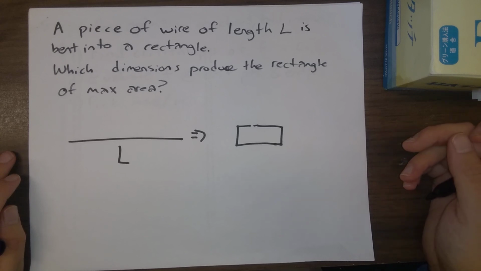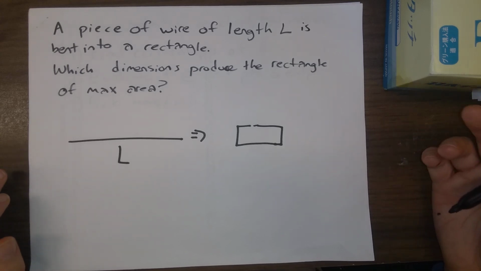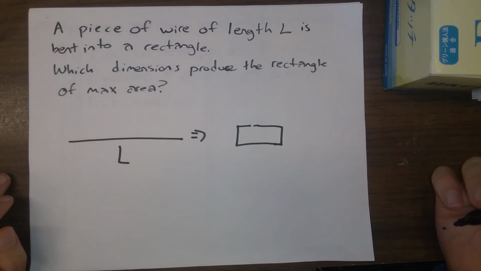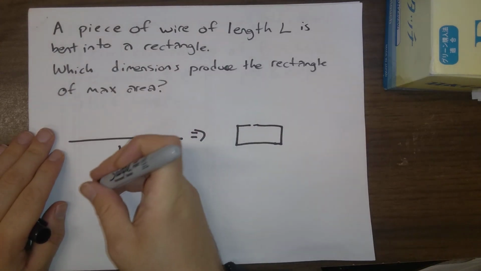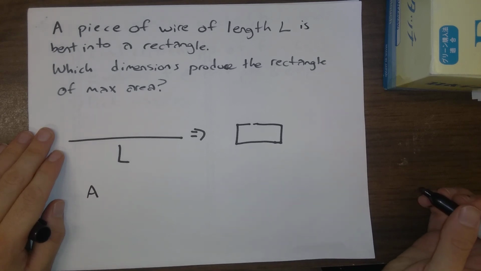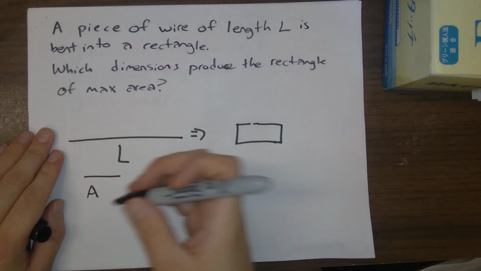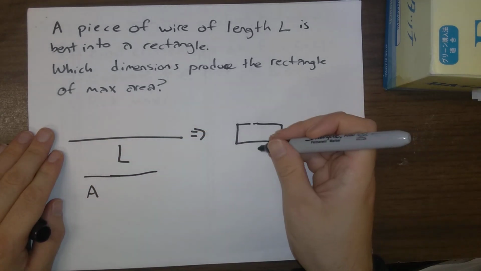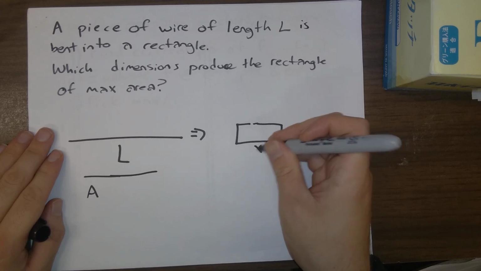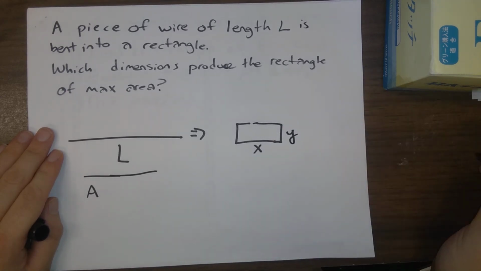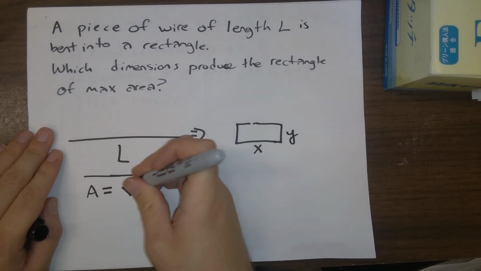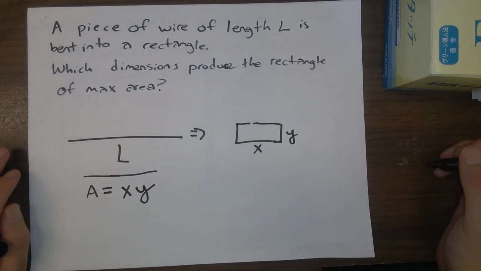At this point, we have to write down a function that we'd want to maximize here. We know we're going to want to maximize area. So let's label the sides, the area is x times y. So we're trying to maximize x times y here.